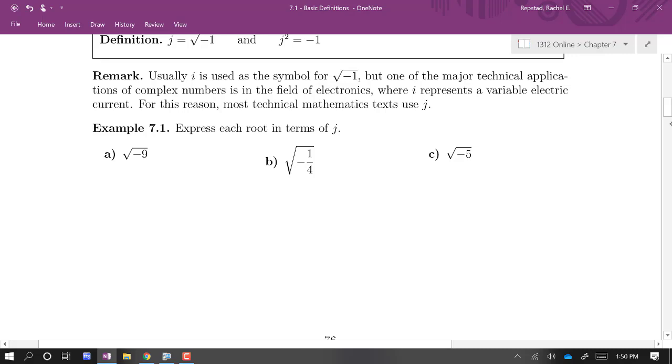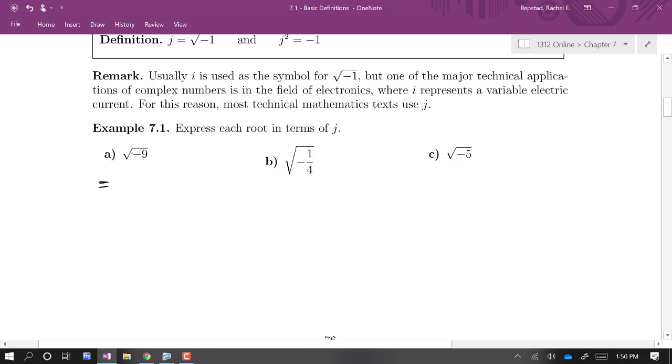So we're going to begin by simplifying some radicals that involve negatives, and we're just going to express each in terms of j. So the square root of negative 9. I'm going to do this the long way and then explain a bit of a shortcut.